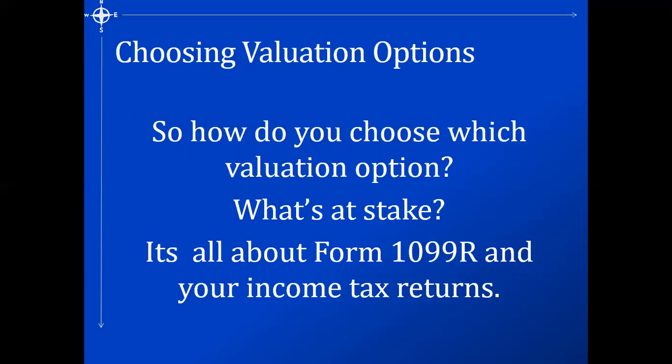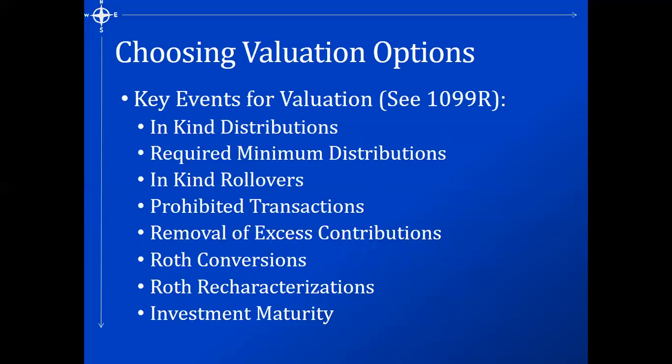So what you're going to want to do is make sure that your value that ends up being the source of distribution information on 1099-R is correct. So key events for valuation is any time that there is going to be some kind of a 1099-R issued by your custodian. That's when you want to be on the highest alert that the values that you're reporting to the custodian are accurate.